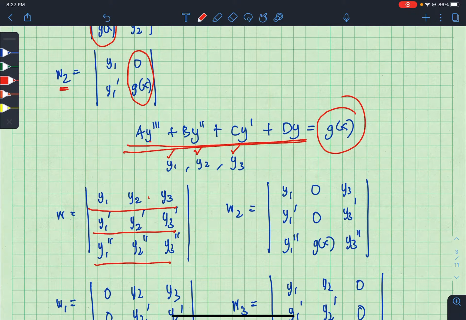So y is yc plus yp. Y then would be equal to yc, which is c sub 1 e raised to x all over 2 plus c sub 2 e raised to negative x all over 2. Then plus 1/8 x squared e raised to x all over 2 minus 1/4 x e raised to x all over 2 plus 1/4 e raised to x all over 2.